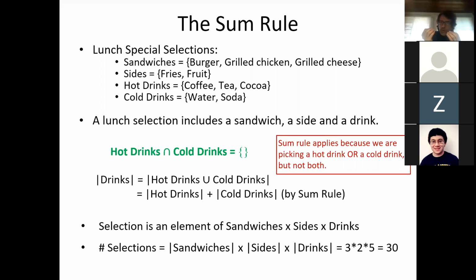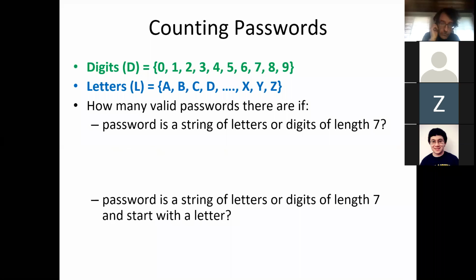You make one decision: first which of the two sets, and then which element you take inside. But you represent that choice by just taking a union of these two and simply treating them as a single set, and a choice within that single set. Okay, some examples. Let's say you have a set of digits, call it D, the base 10 digits, and a set of letters, L, 26 letters, right?